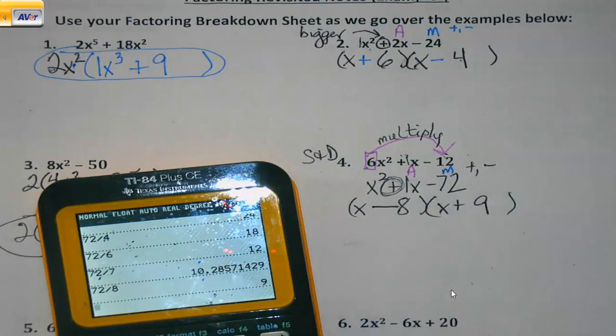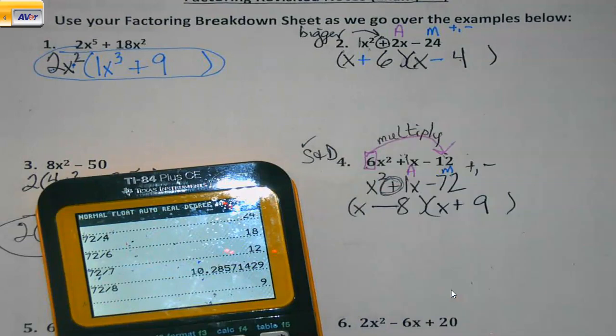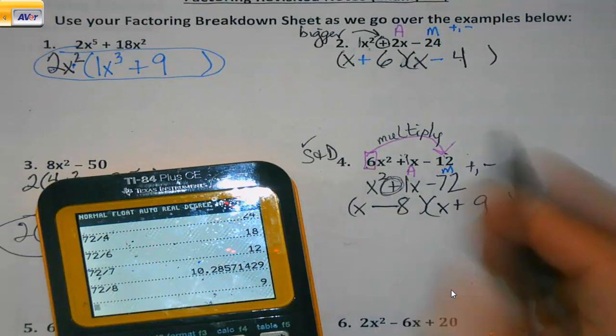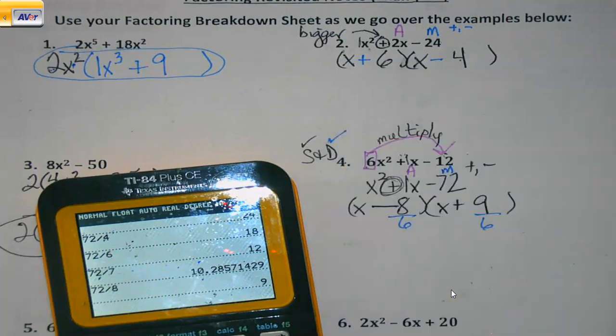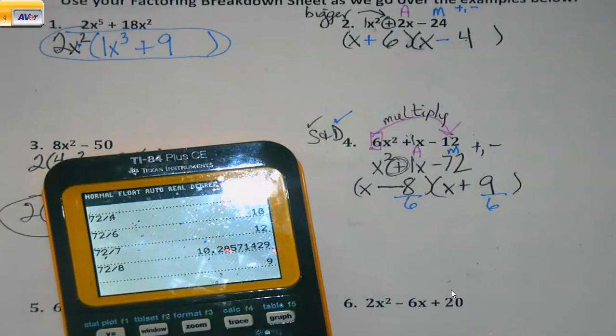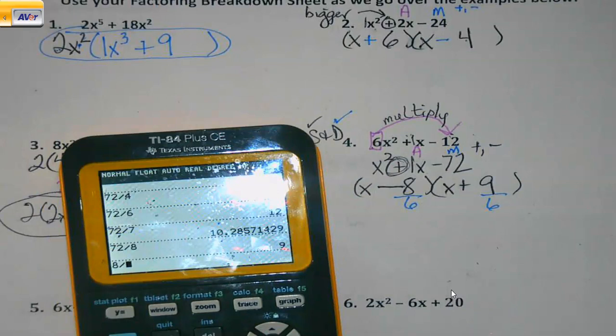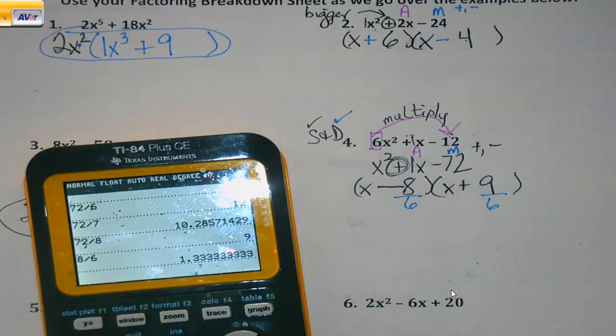But be careful. You've done the slide part, but you're not done. That 6 that was here before, we have to do the divide part. And if it doesn't go in nice, 6 doesn't go into 8 nice, it's not clean.